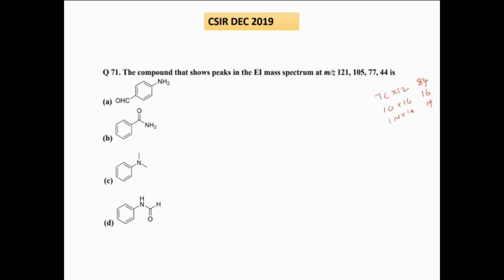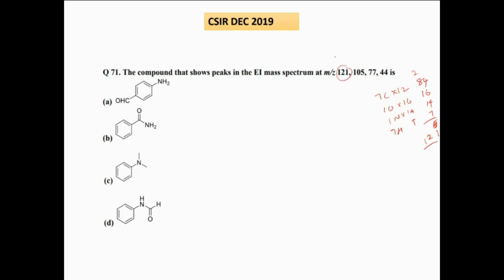Then you have 7 hydrogen into 1, you'll be having 7. So 84 plus 16 plus 14 plus 7. Correct பண்ணிருக்கேனாப்பா, am I doing it rightly? 7 carbon 84, oxygen 16, nitrogen 14, hydrogen 7, okay, 121.